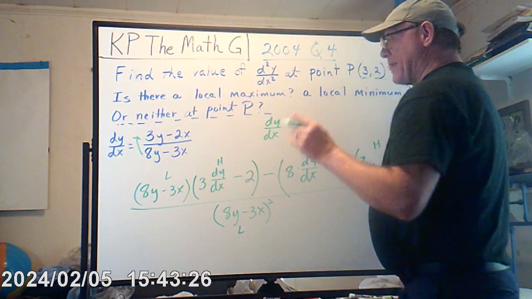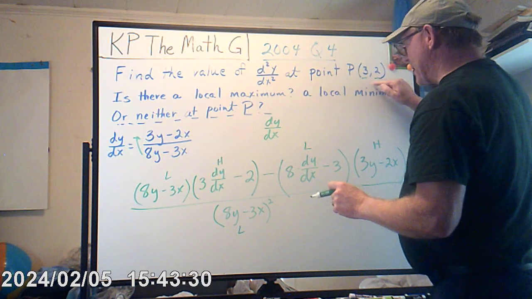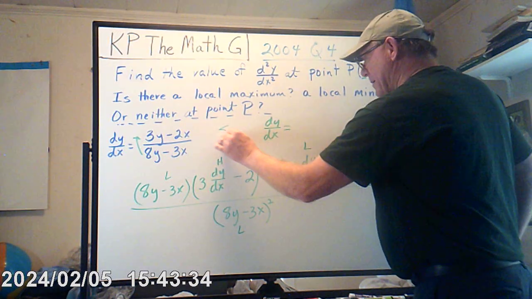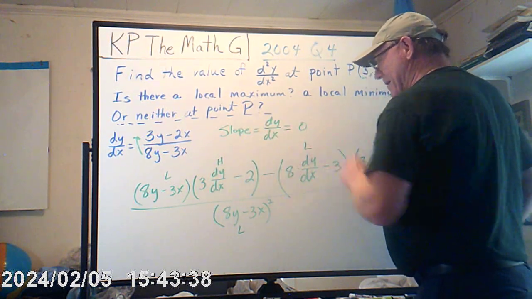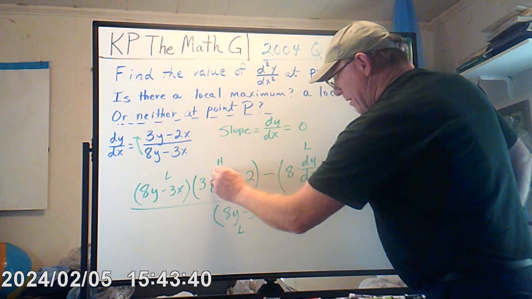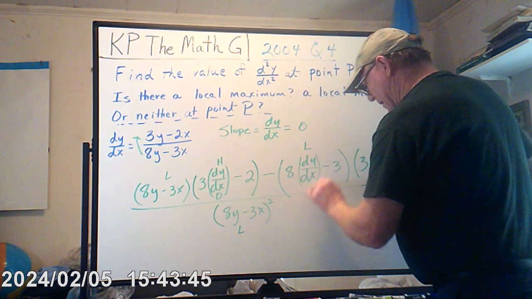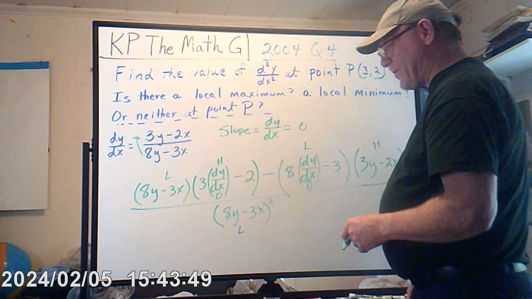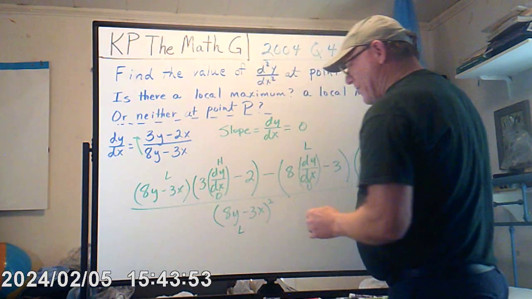That would come from a previous problem, but at this point we said that this slope right here is equal to 0. So this part right here is just equal to 0. That's pretty easy to figure out. Now all we've got to do is plug in the numbers and figure this out.